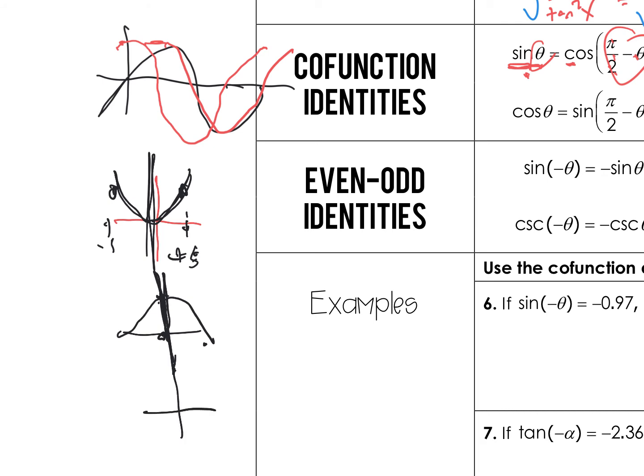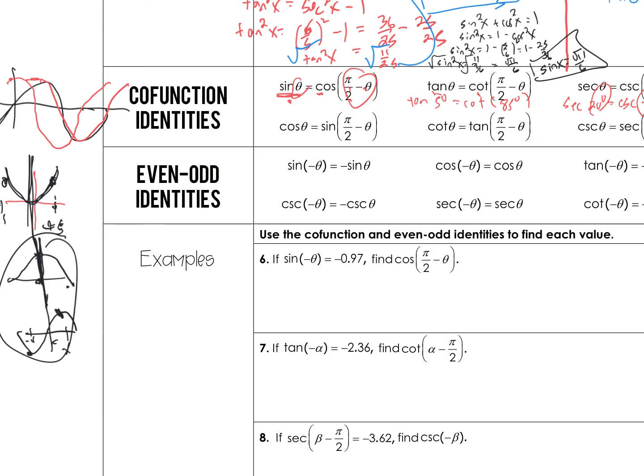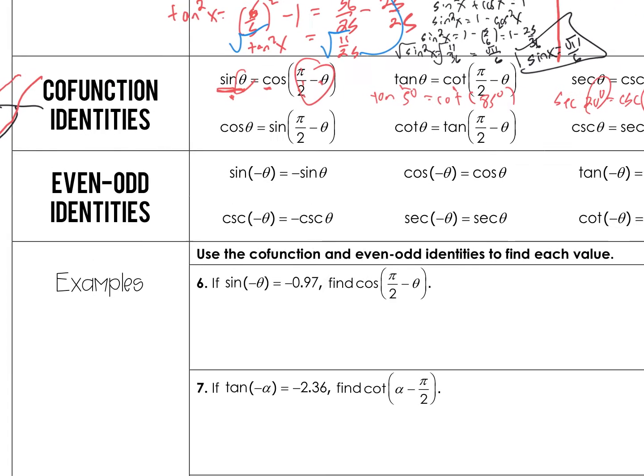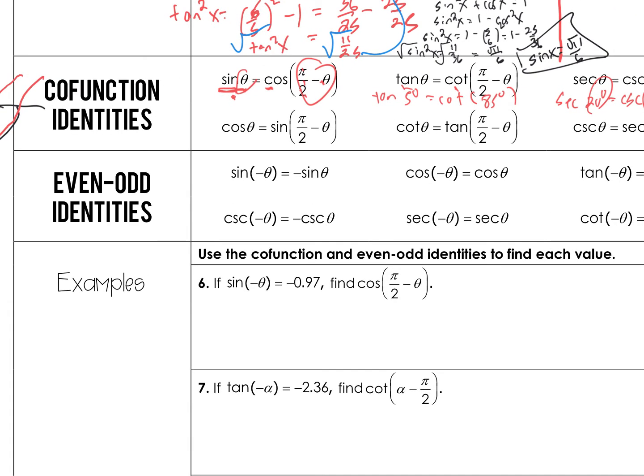Sine, however, is an odd function. When you plug in some x and some -x, this is a positive answer and this is a negative answer. That's an odd function. That's your definition of even and odd functions. Well, the identity we'll look at is that the sine of a negative angle will be the negative of the sine of a positive angle.